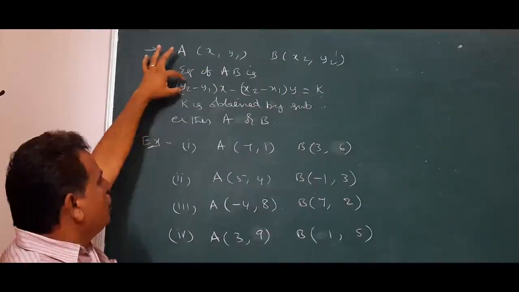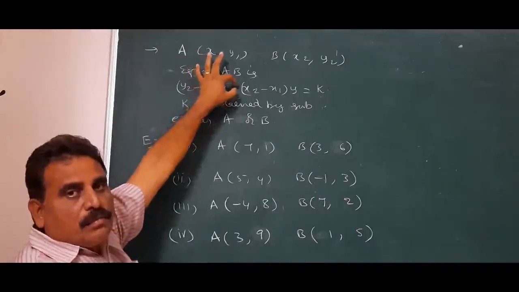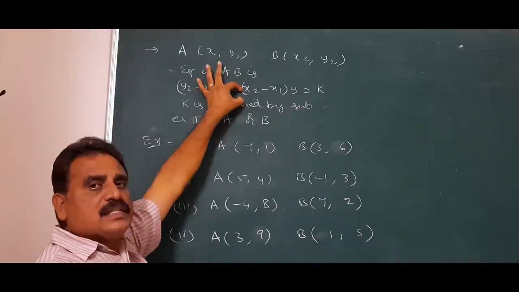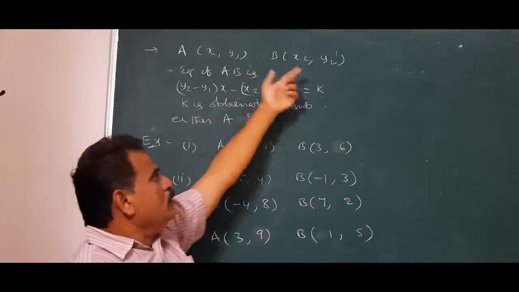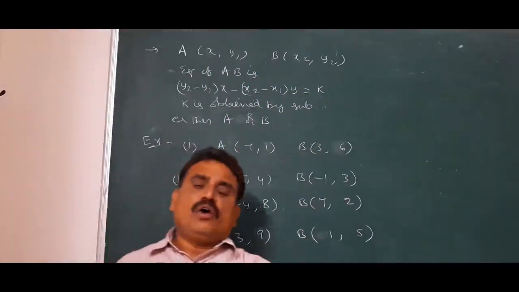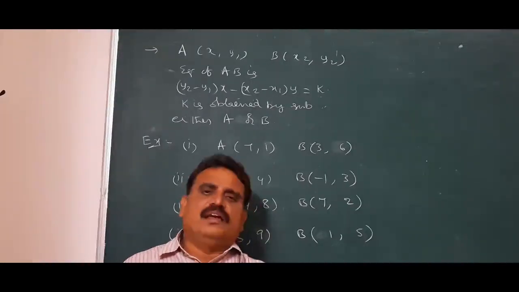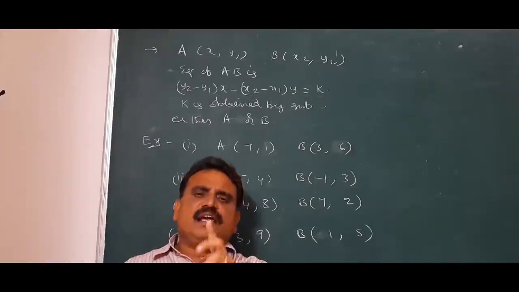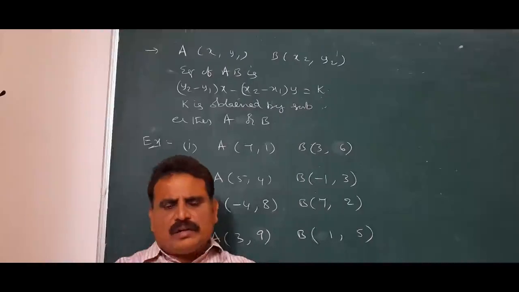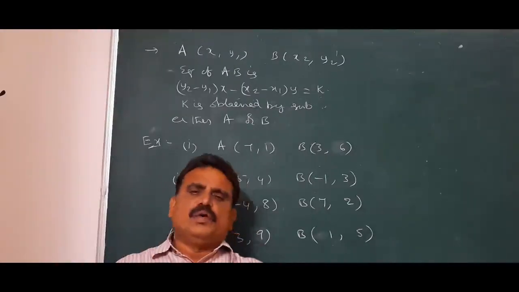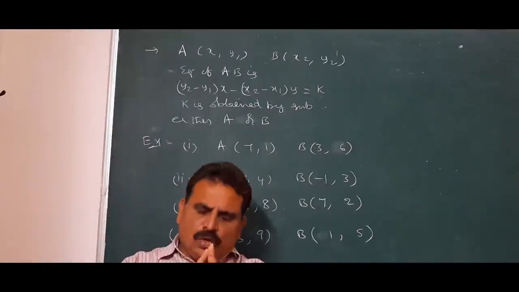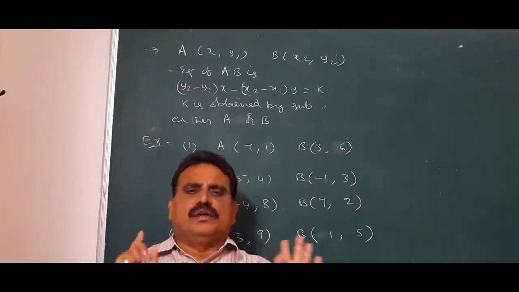So the line equation is (y2 minus y1) into x minus (x2 minus x1) into y equal to some constant k. How to obtain that constant k? By substituting either point A or point B. You can substitute any one, and we get the same constant. There is no change in the value of k.